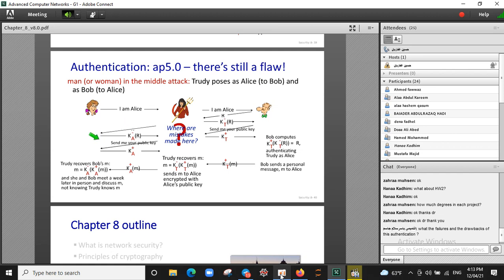Alice will encrypt it by this one here, and then I'm asking Alice for her public key, and she will send it to me. But here I can understand that the other side is Trudy.